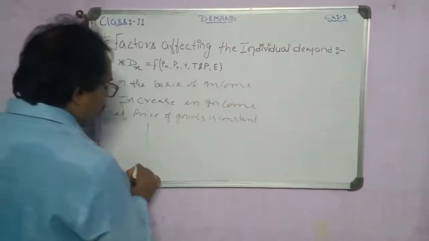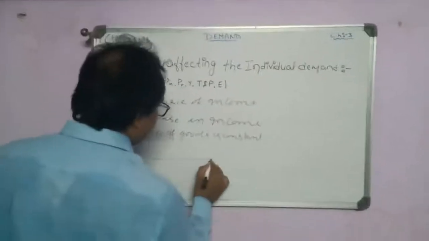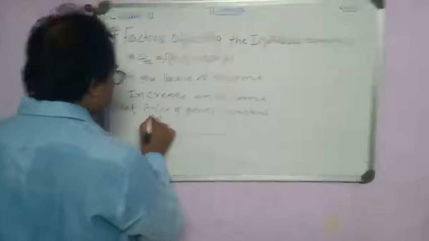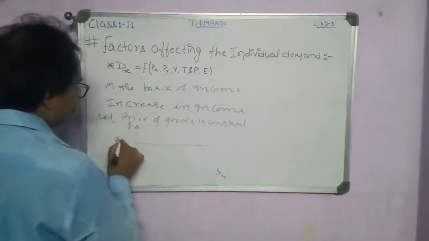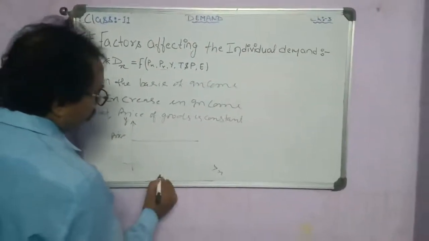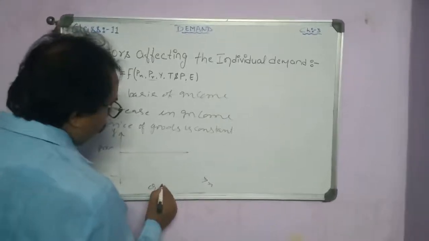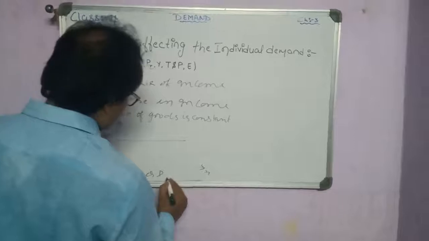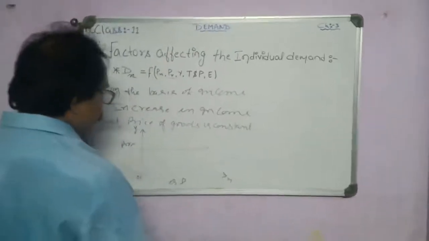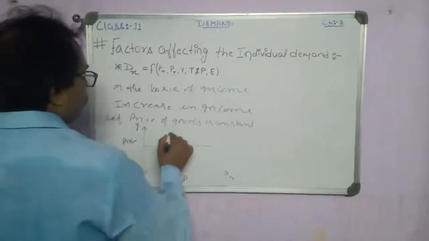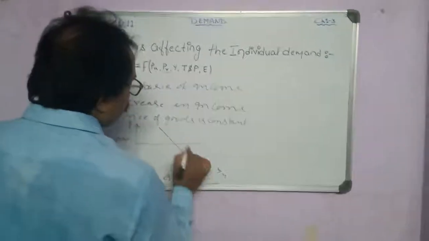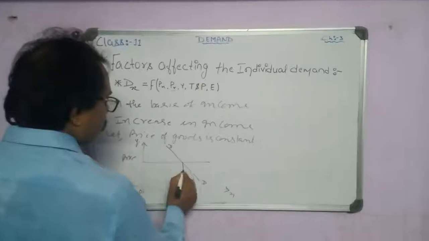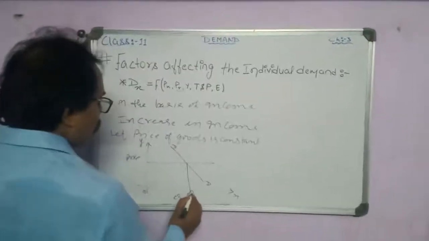So look here, this is the price line, this is the x-axis, this is the y-axis. Here price is taken, and here quantity of goods or quantity demanded is denoted on the x-axis. This is the 0. Okay, so the initial demand of the consumer was dd, that is OQ.